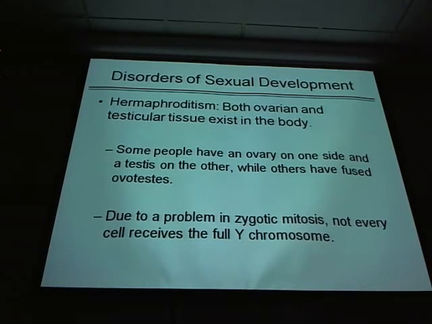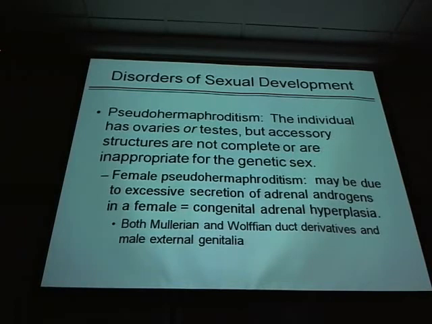Sexual disorders, hermaphroditism. If you don't have the anti-Mullerian factor, you'll develop the duct, and you'll develop the ovaries. What makes the anti-Mullerian factor? Sertoli cells. That's what I thought, okay, thanks.